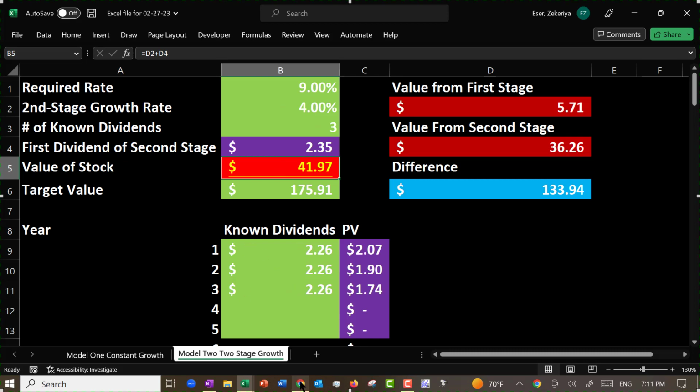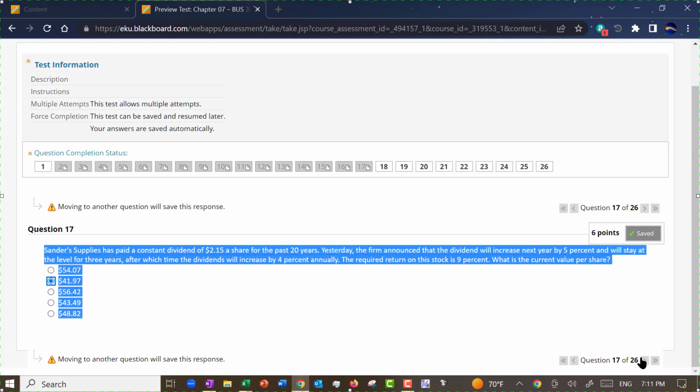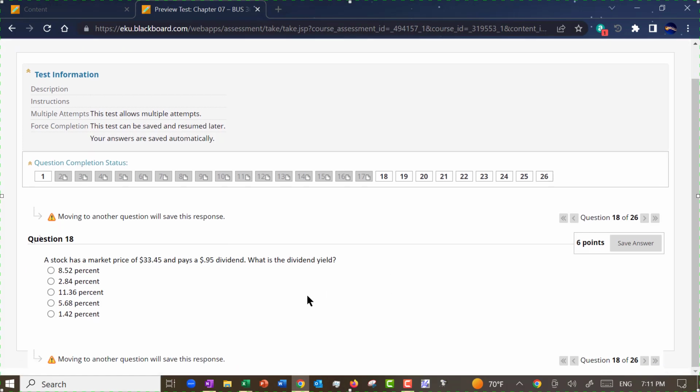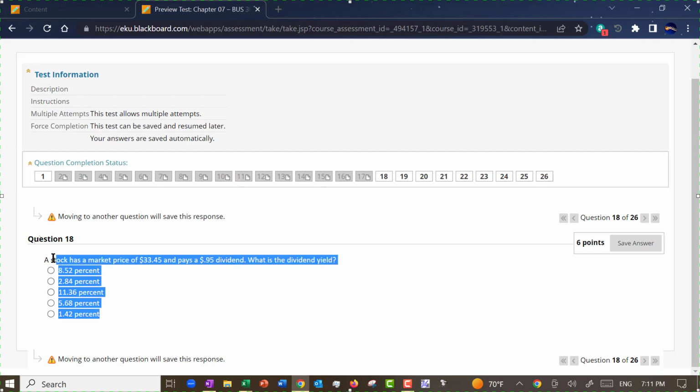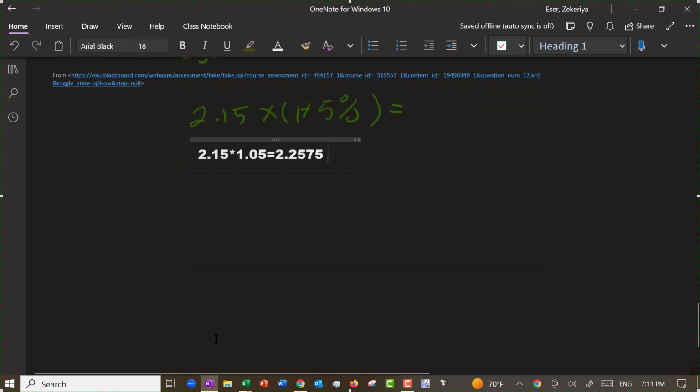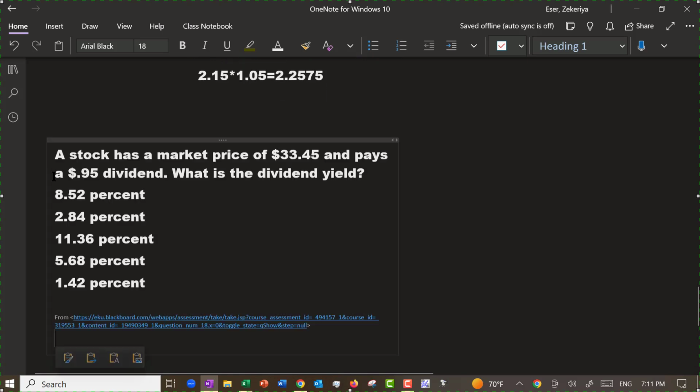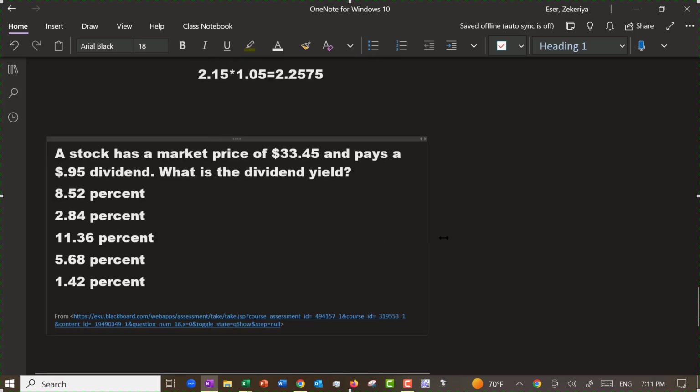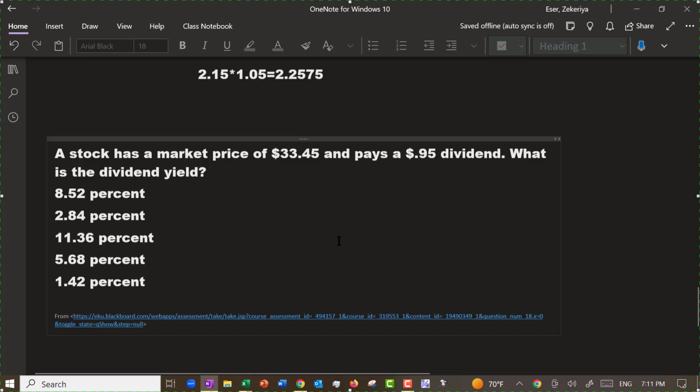All right. The stock has a market price of 33. Let me grab this. Dividend yield is next dividend divided by the price. That's all.